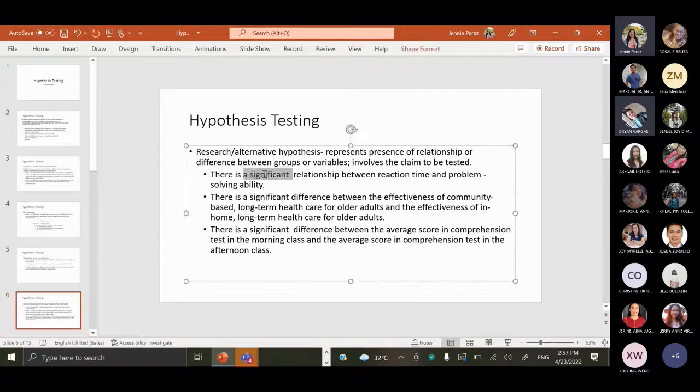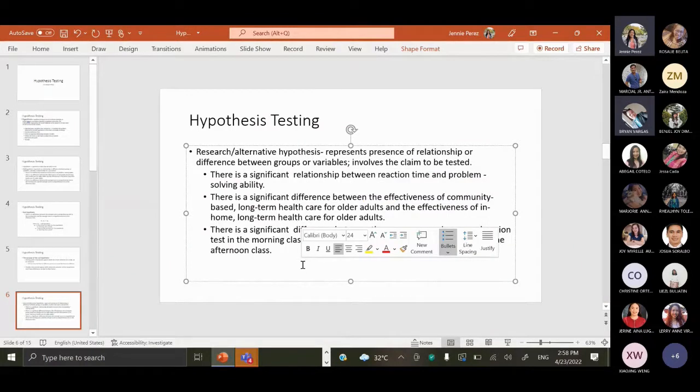Because you will take note that here, well, nawala na, the word no is deleted, but it is replaced by a significant relationship, a significant difference. Okay? So, yun po siya, mga kapatid. So, that is your research or alternative hypothesis. Your research or alternative hypothesis is the opposite claim to the null hypothesis.